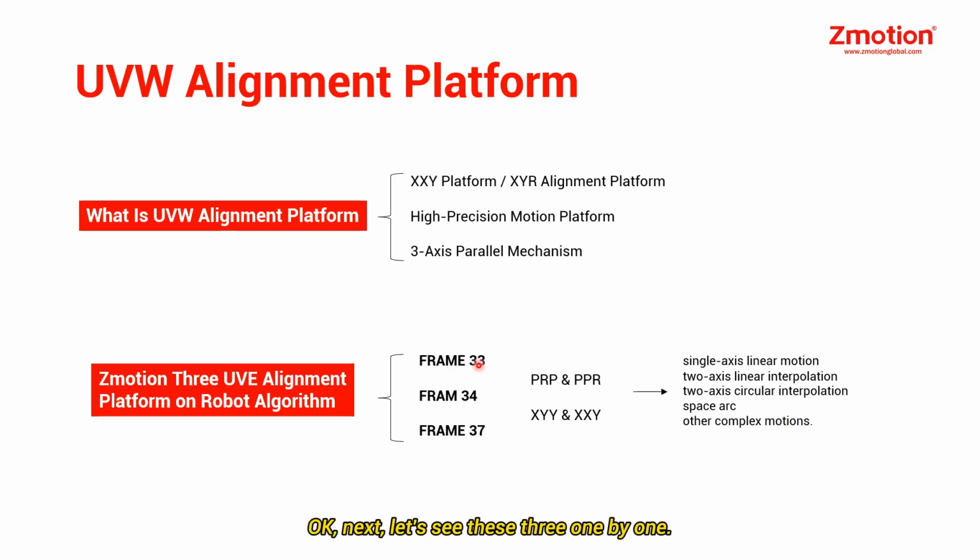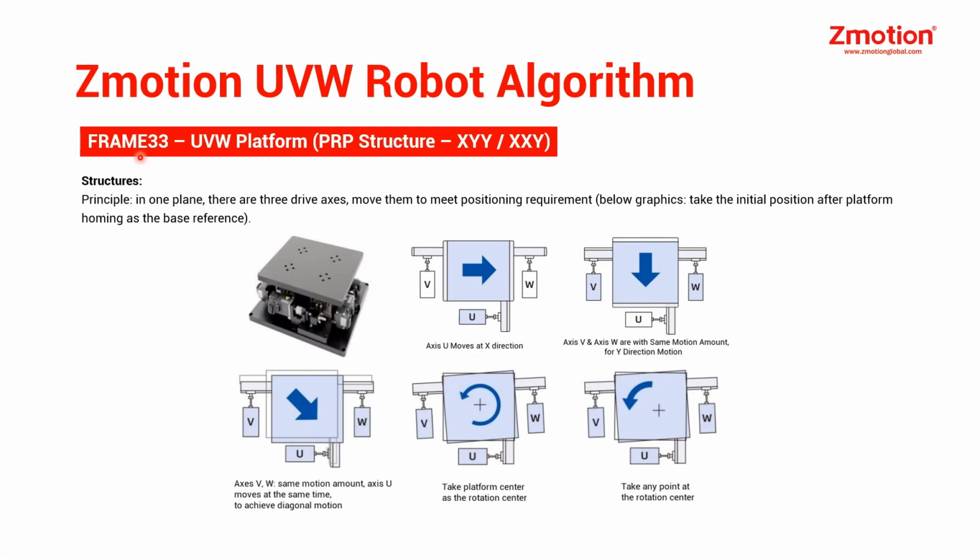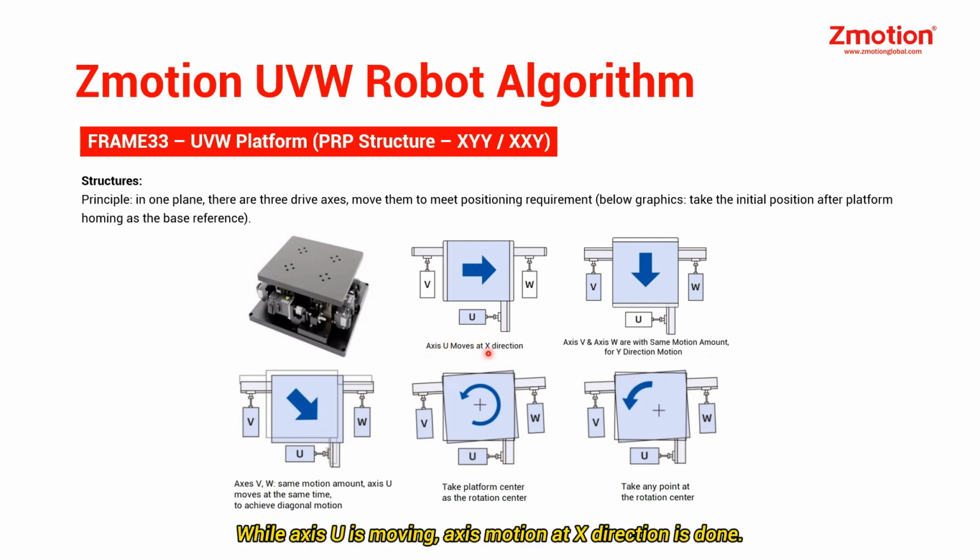Okay, next, let's see these three one by one. See frame 33, PRP structure, XYY or XXY direction. For the motion method, please refer to these graphics. While axis U is moving, axis motion in the X direction is done. Axis V and axis W have the same motion distance.